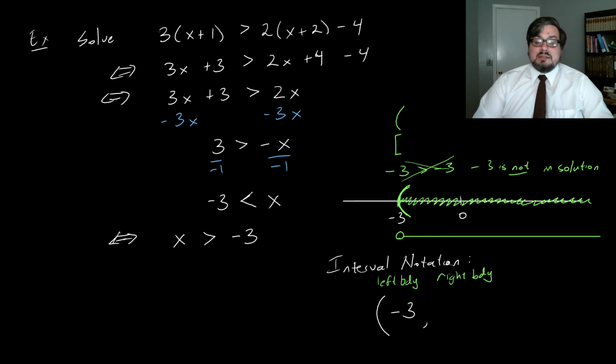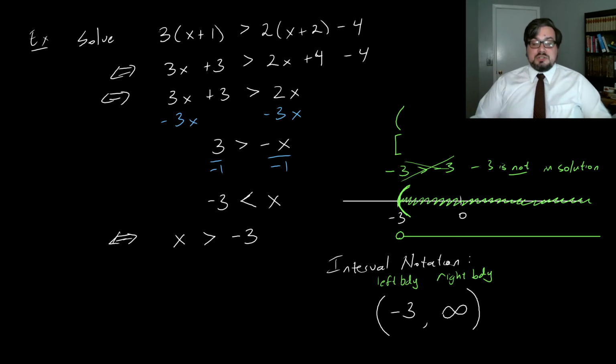And on the right-hand side, how big can it get? Well, it can get as big as it likes. The solution set includes all numbers bigger than -3, so in particular, it has no upper limit. So our interval is going to be from -3 to infinity, because the interval has no upper boundary on the right, and infinities always get parentheses, because infinity is not a number, and so infinity can't be part of your solution.